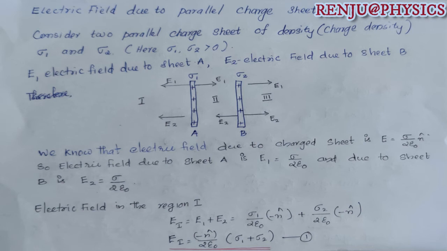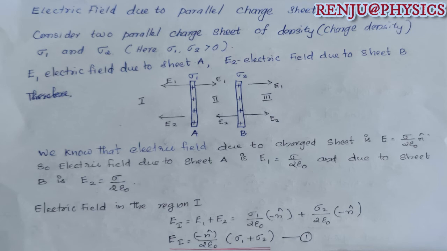Here we consider sigma 1, sigma 2 greater than 0, that means both are positive charges. We know that if the charge is positive, the electric field is directed outward. So here we consider E1 is the electric field due to sheet A and E2 is the electric field due to sheet B. Clear?